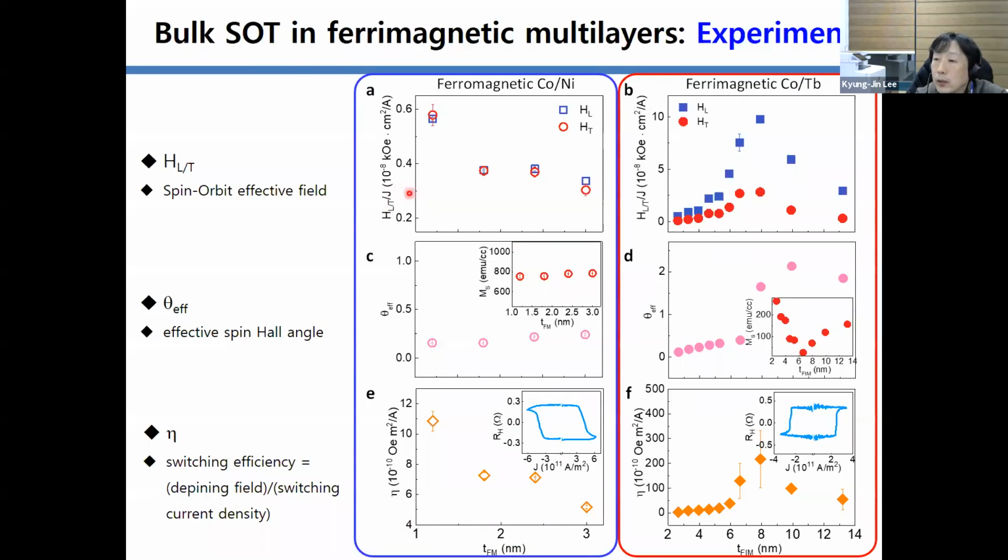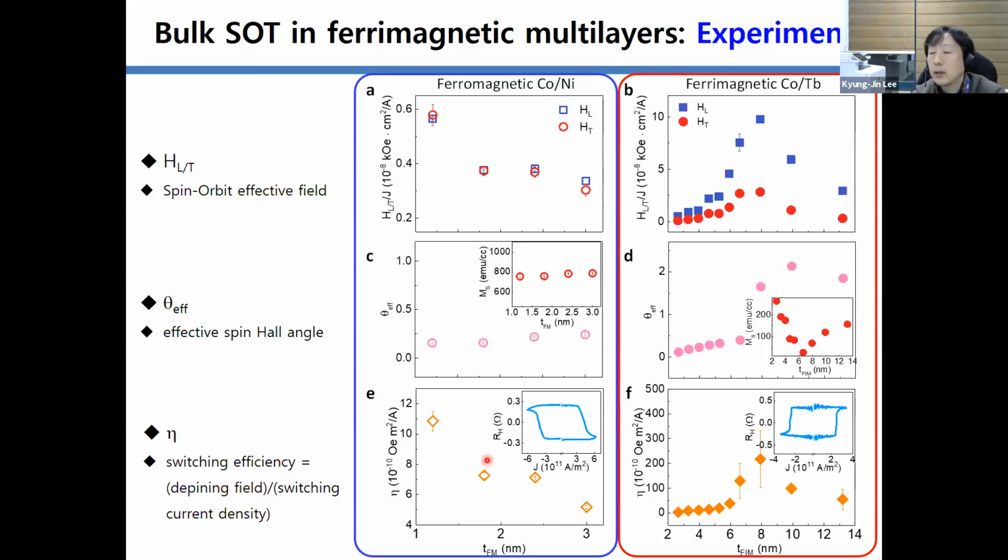So the spin-orbit field in the ferromagnetic cobalt nickel decreases with increasing thickness, as expected. And the spin Hall angle is more or less constant. And the switching efficiency, which is defined by the switching field divided by the switching current density, also decreases with increasing thickness.